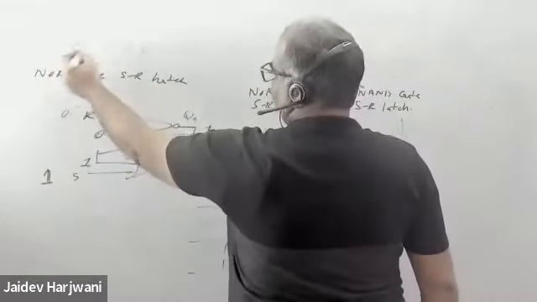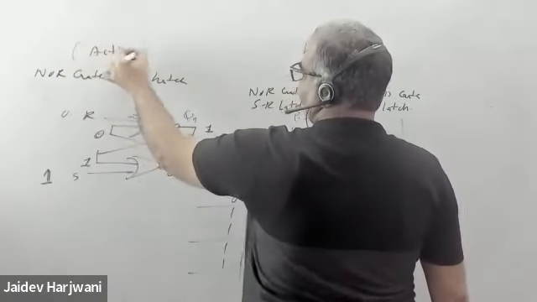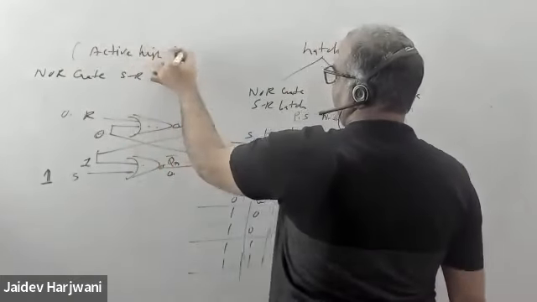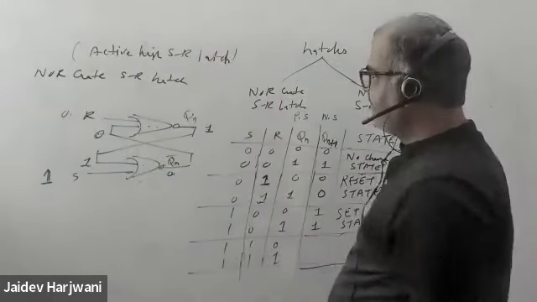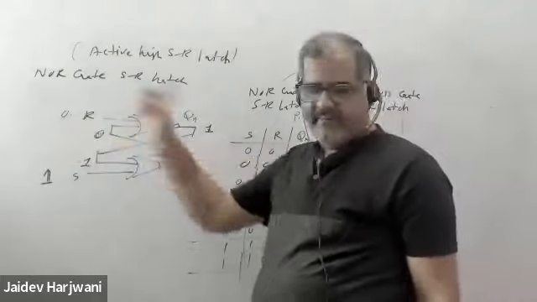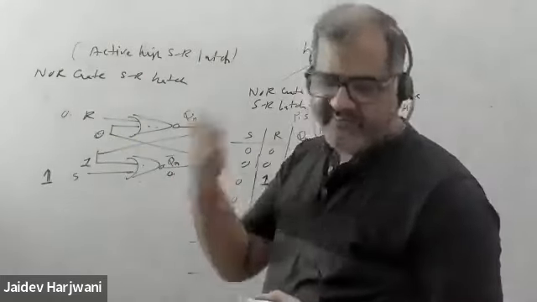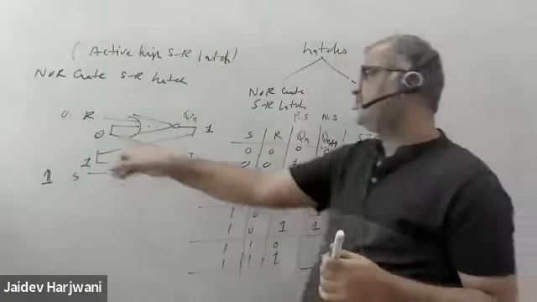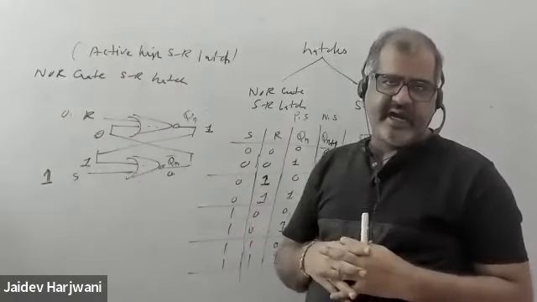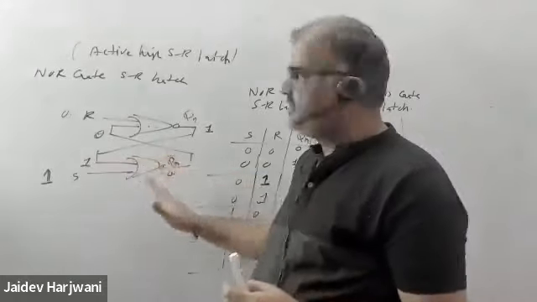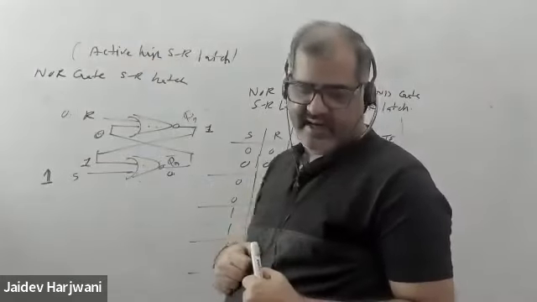Why is this called active high SR latch? Until one input is high, the state will not change. Either you make R high or S high. One variable you have to make high, then only the state will change. That's why it's called active high SR latch.